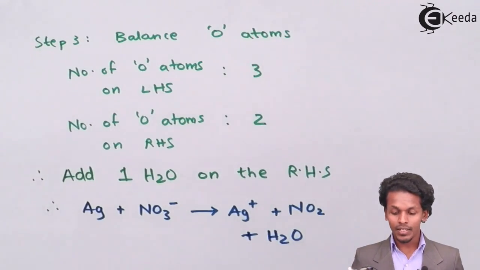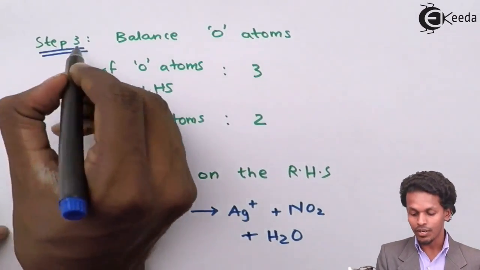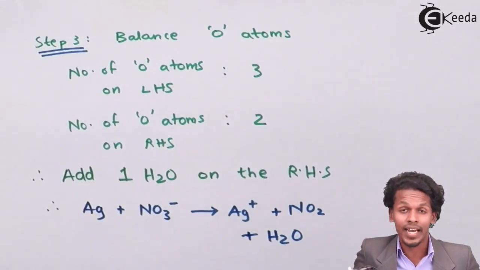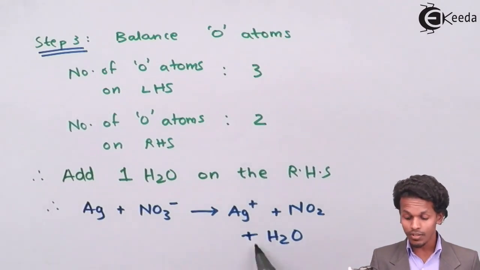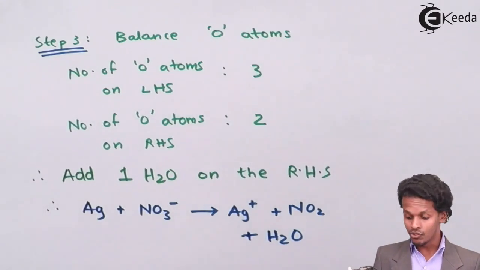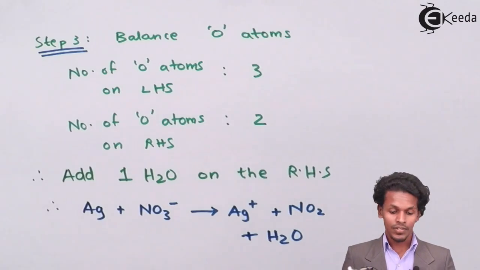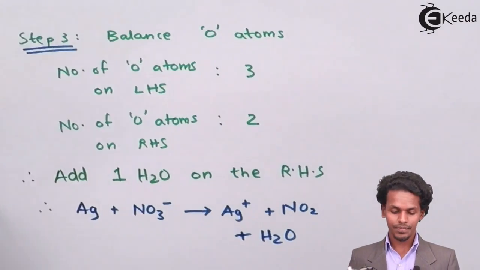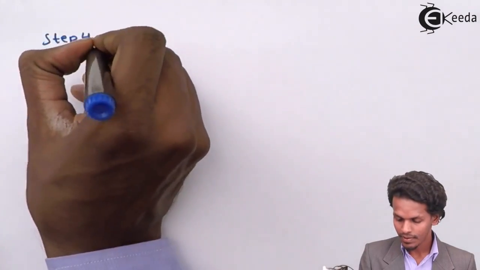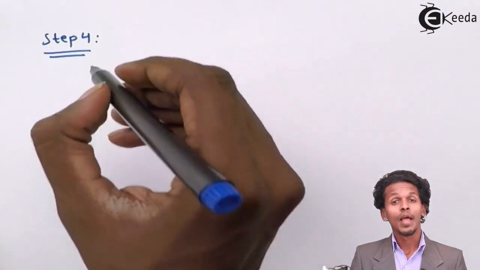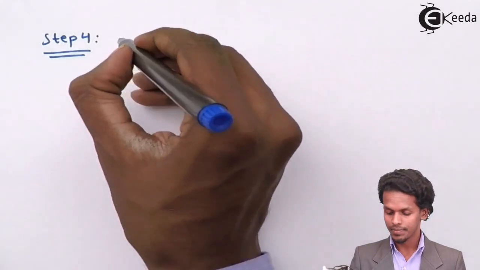So this is the balanced reaction of step 3 for oxygen atoms. But this is not over yet. We have to balance the hydrogen also, which has been generated in this equation. So step number 4 would be balancing the hydrogen atoms.